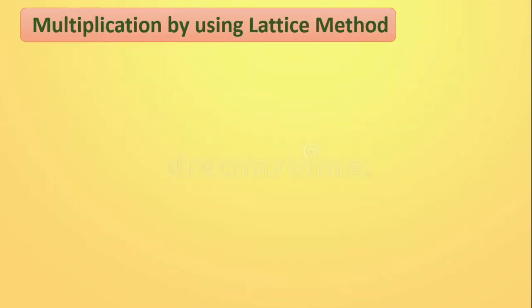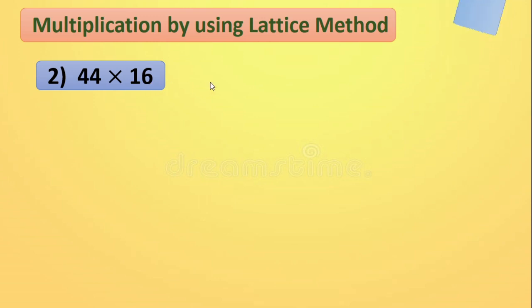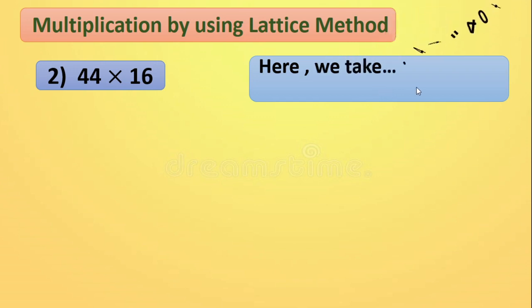One more we will go through, 2-digit by 2-digit, that is 44 multiplied by 16. Here we will take 44 as 40 plus 4 and 16 as 10 plus 6, because 6 is in the unit place and 1 in the tens place.